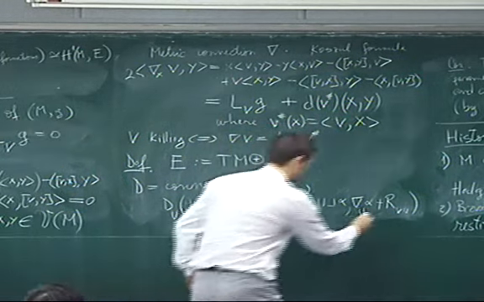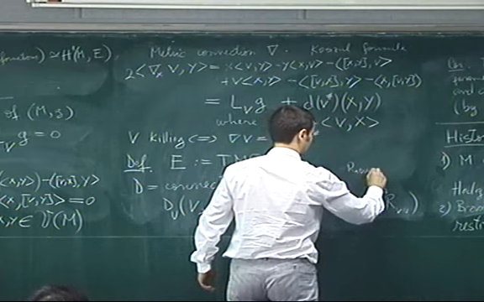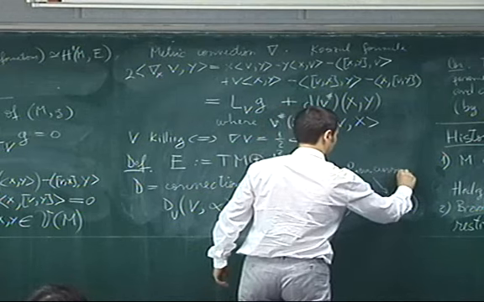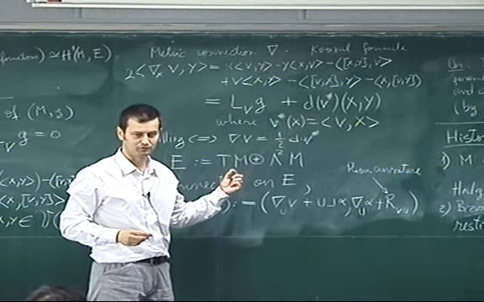Where this is the Riemannian curvature, which is a skew-symmetric endomorphism.